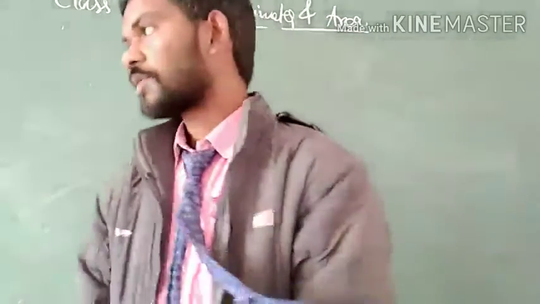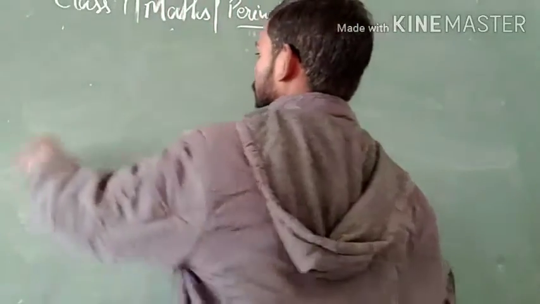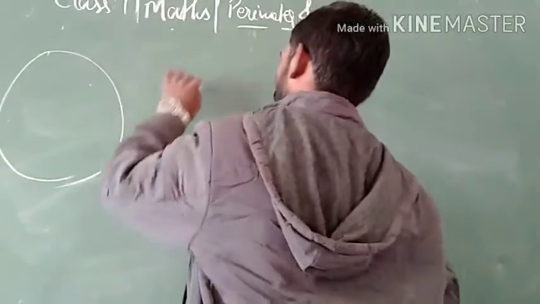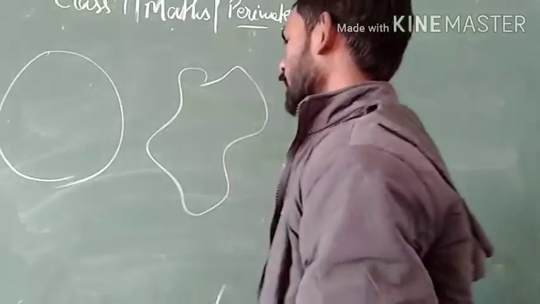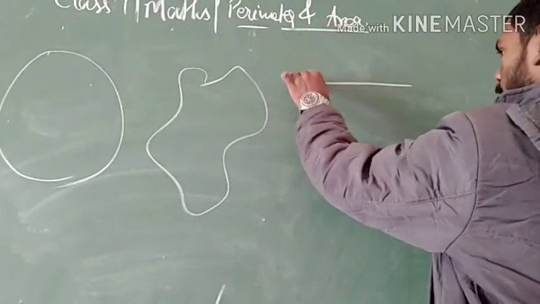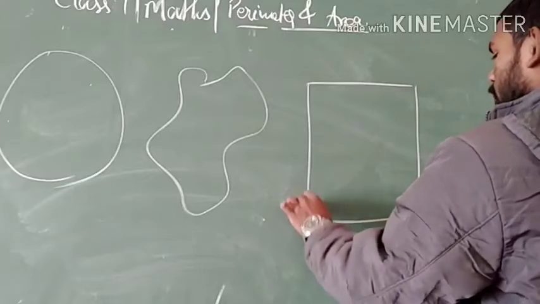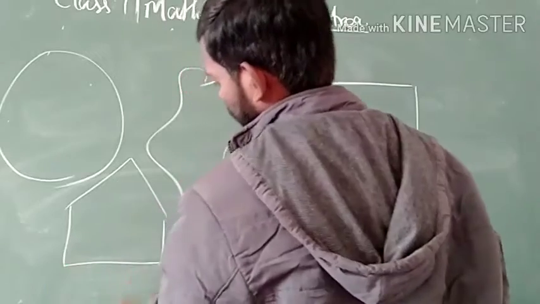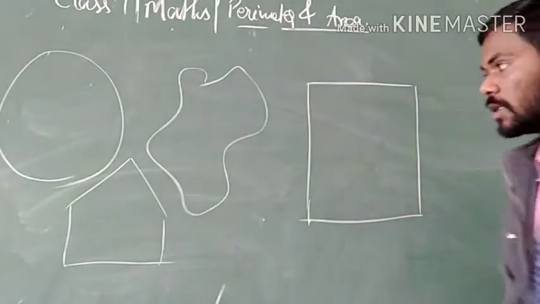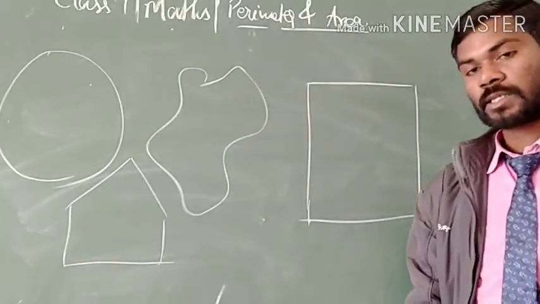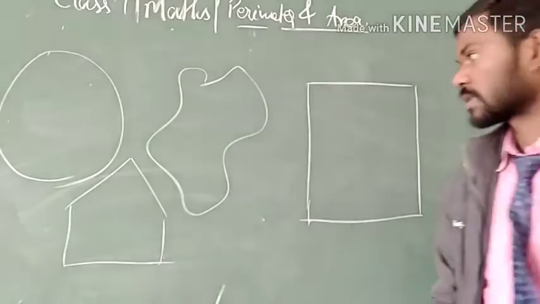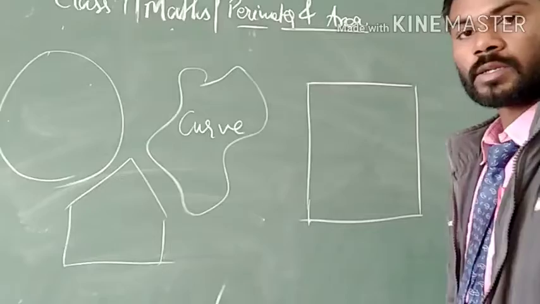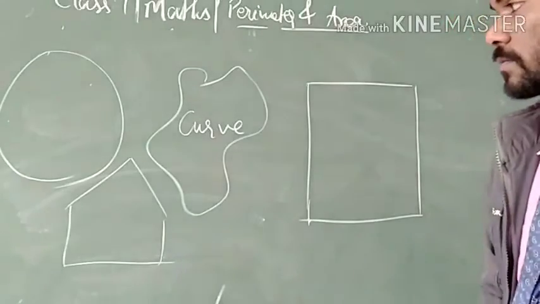Here, if I draw some figures like a circle or any irregular figure, and a polygon, that is a quadrilateral or any polygon, then one thing is common, which is the curve. Curve is common in all figures.